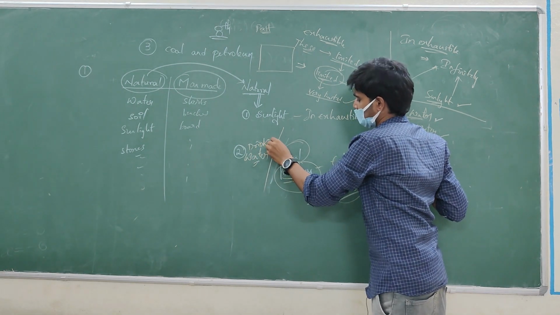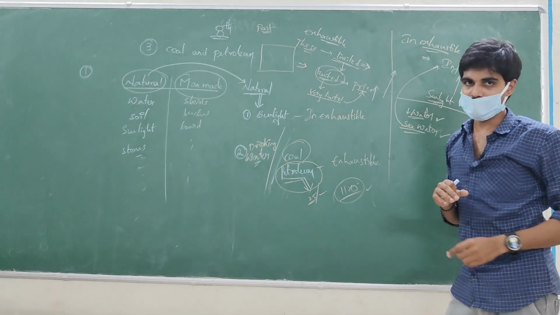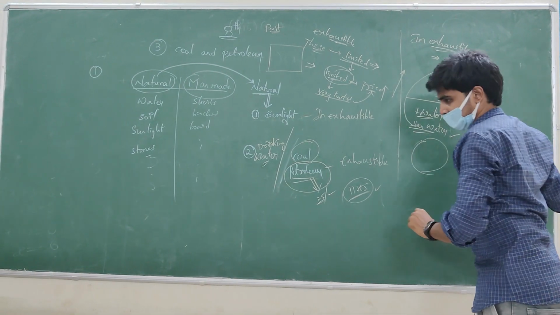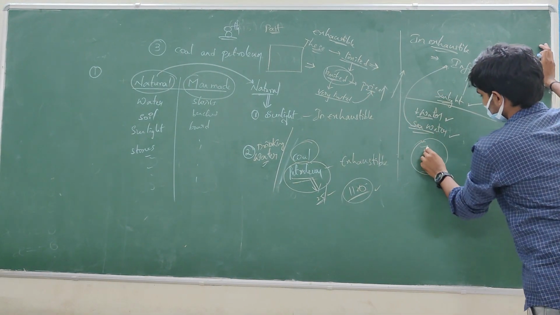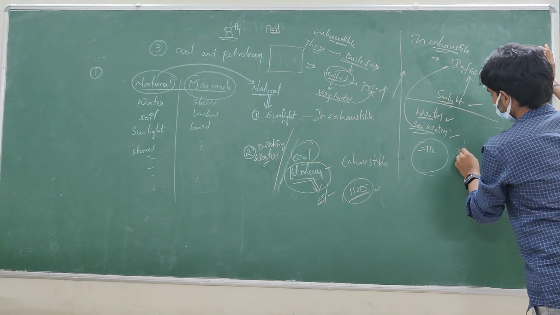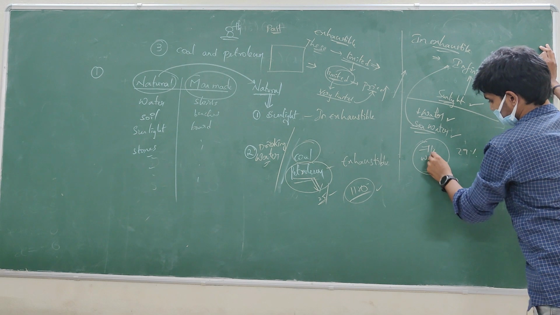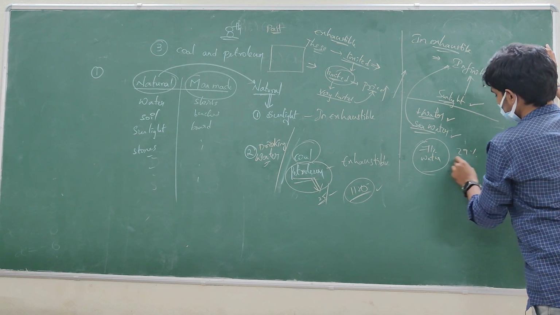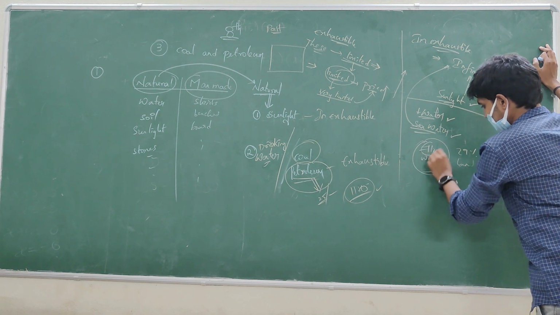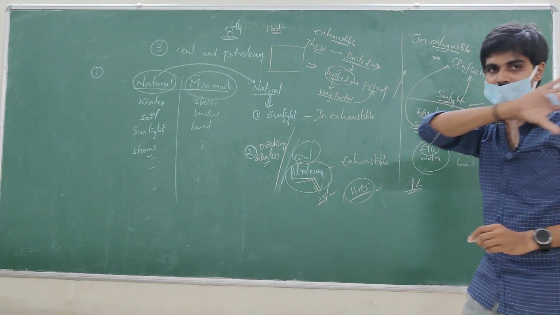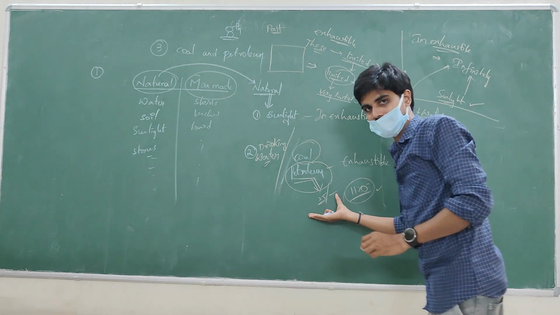Just include drinking water in the exhaustible resources, because on average, if you consider the overall earth, 71% is water and 29% is land. But of this 71%, only 1% is drinking water, right?